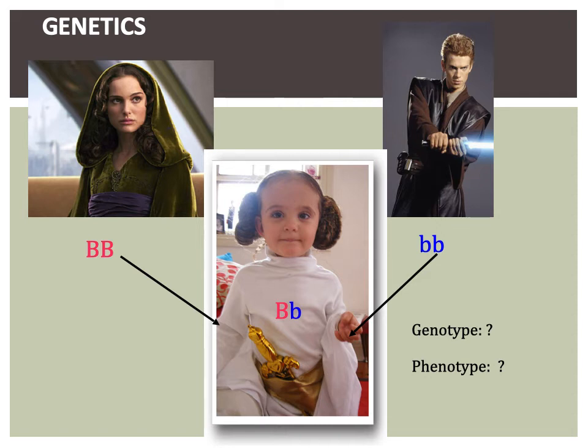Okay, so we've been talking about it pretty generally, but I'm also going to talk about genotype and phenotype in the context of this example here. And we'll talk about some other things as well. So if you think back to mitosis, we talked about the fact that we have homologous chromosomes.